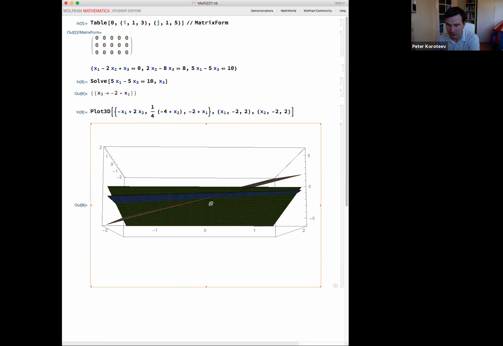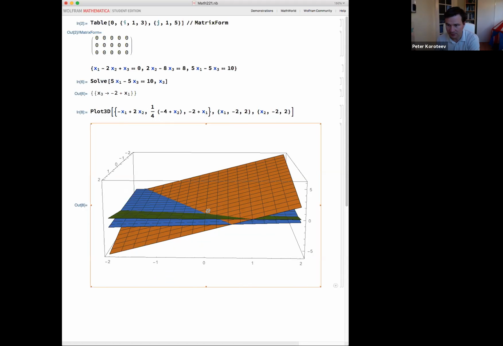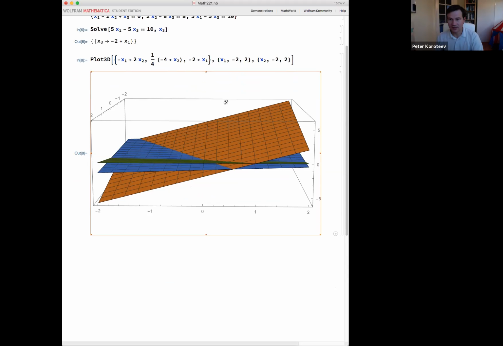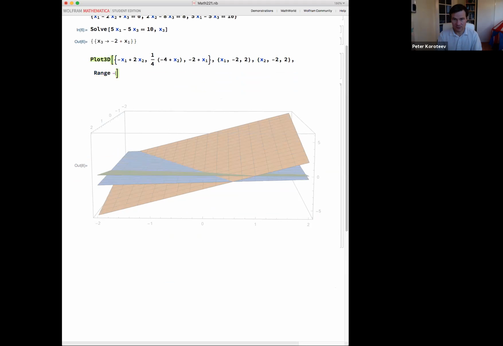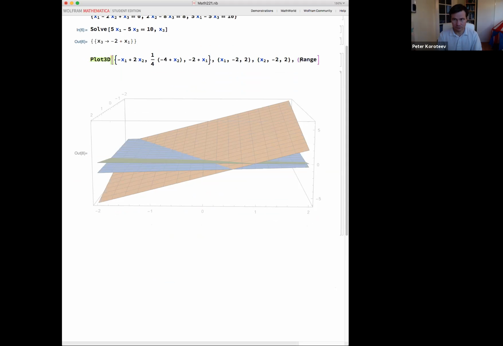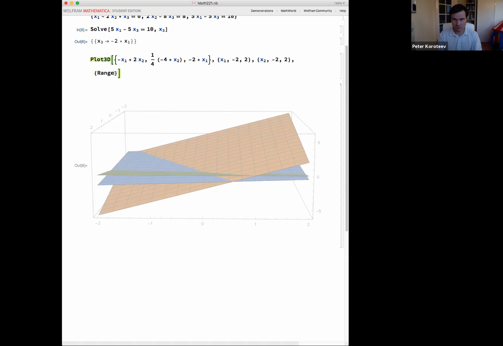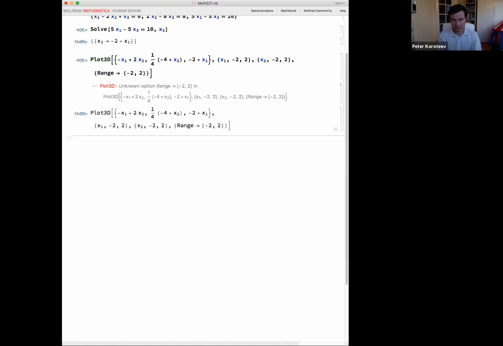It's kind of hard to see here because the vertical axis is up. But let me change the range to -2 to 2. One second.